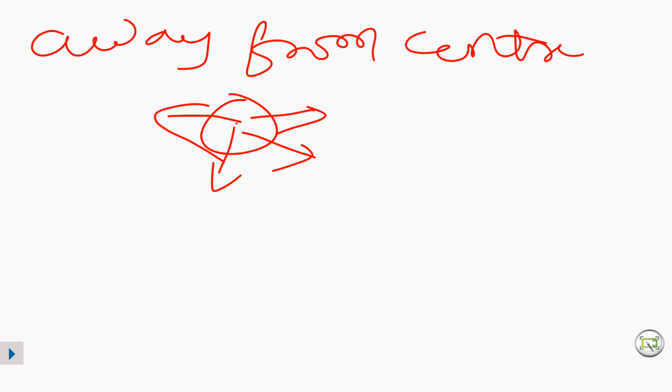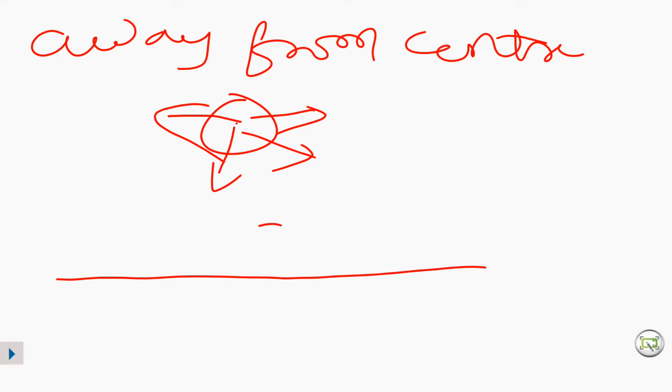They are translational motion and rotational motion. So what is the difference between translational motion and rotational motion? What is translational motion? Consider this is a path.